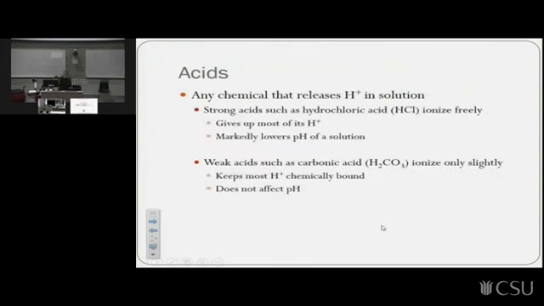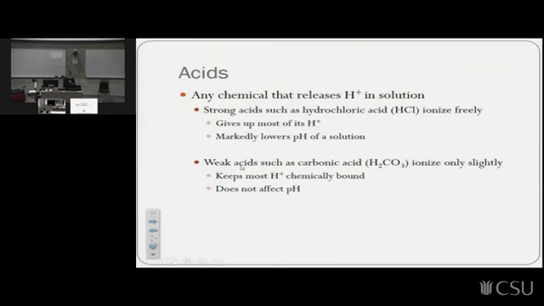So acids. Acids are any chemical that releases hydrogen in a solution. We've got strong acids and weak acids. Strong acids, such as hydrochloric acid, ionize freely, which means it gives up most of its hydrogen ions. When it ionizes freely, it's happy to give up its hydrogen ions. It doesn't need it, that's okay, it can pass it along, which then markedly lowers the pH of a solution.